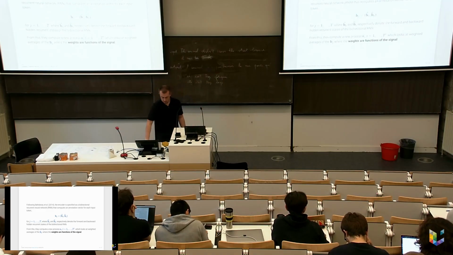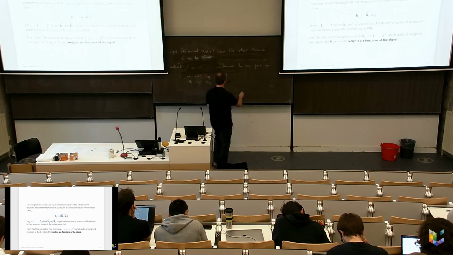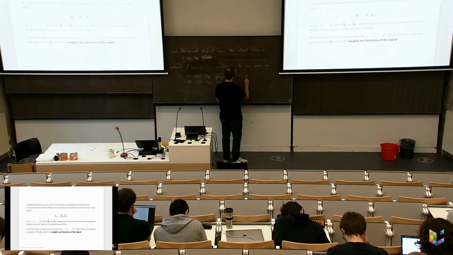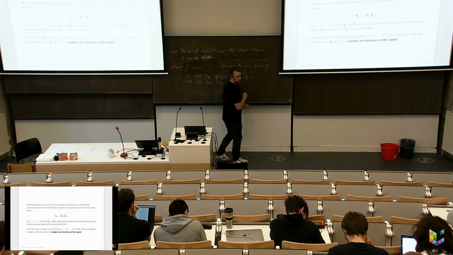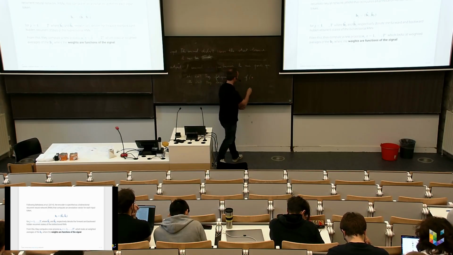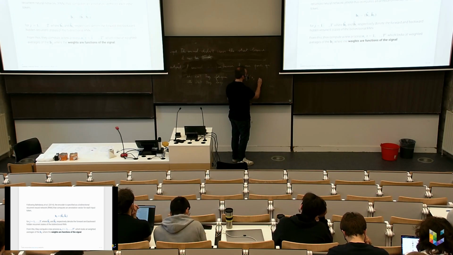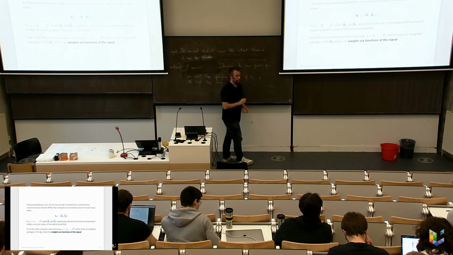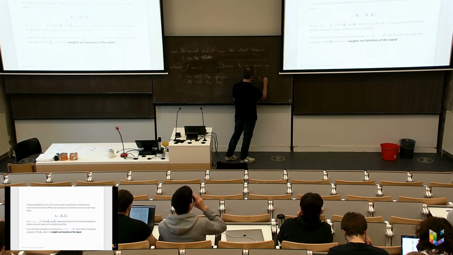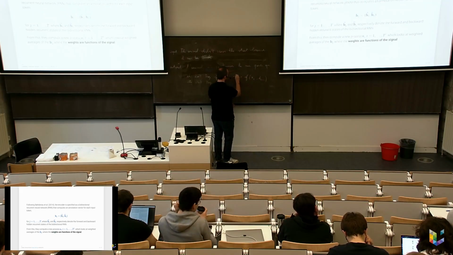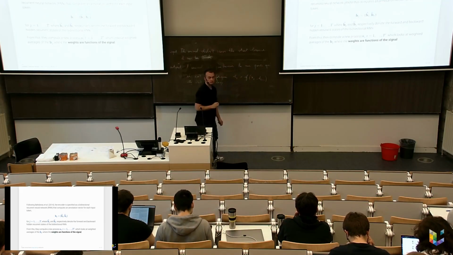So you have some function f, which is a neural network. This function takes as input some input element, for example x_t, together with a previous state, let's call it h_(t-1), and produces a new state h_t.